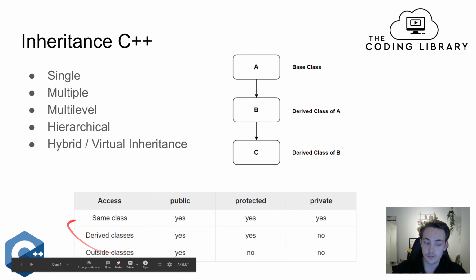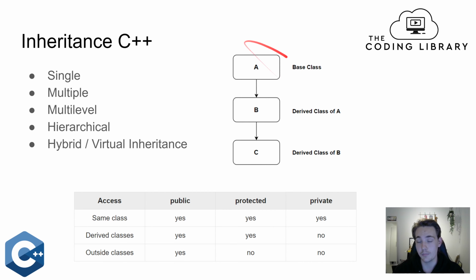Let's say we then derive a class from a superclass, then we will derive the public and the protected member variables and functions, like methods, from that class. And if there were some attributes or methods that were declared private in the base class here, then we wouldn't be able to access those in the derived classes of A if they were declared private up here in the base class.